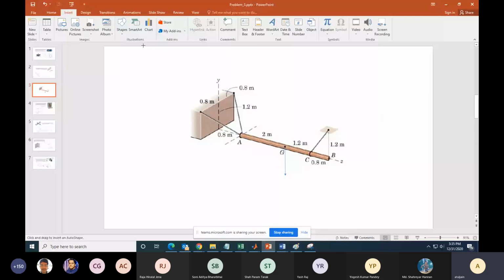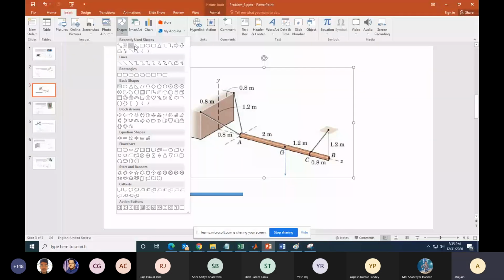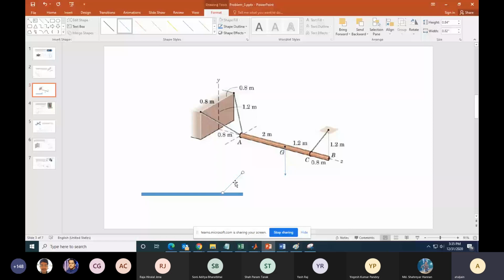Let us look at this figure from the YZ plane. In the YZ plane, you will see a stick like this. This tension T is somewhere here, and you have a force here.